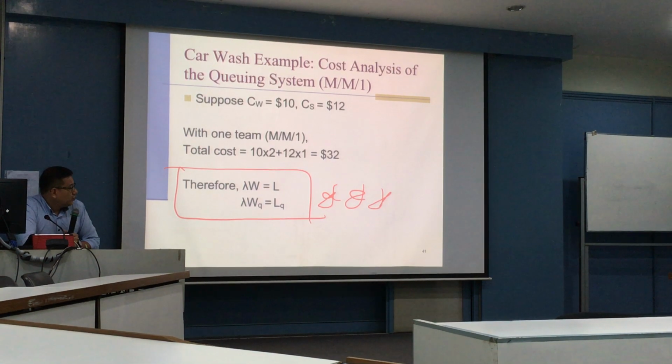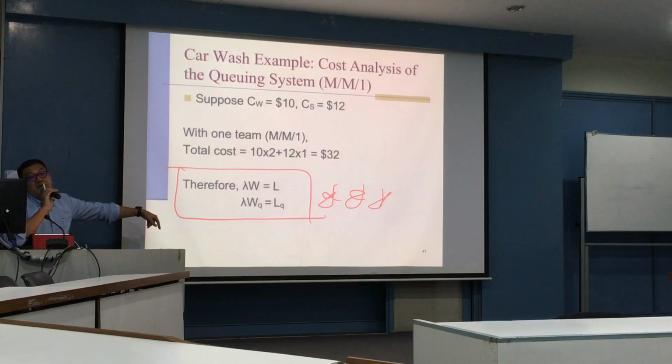So why do we need this formula? Because sometimes when you analyze the system, you get L or LQ first. So once you want to get the cost, you can use L or LQ multiplied with CW, and you get the cost for waiting. No need to find W or WQ.